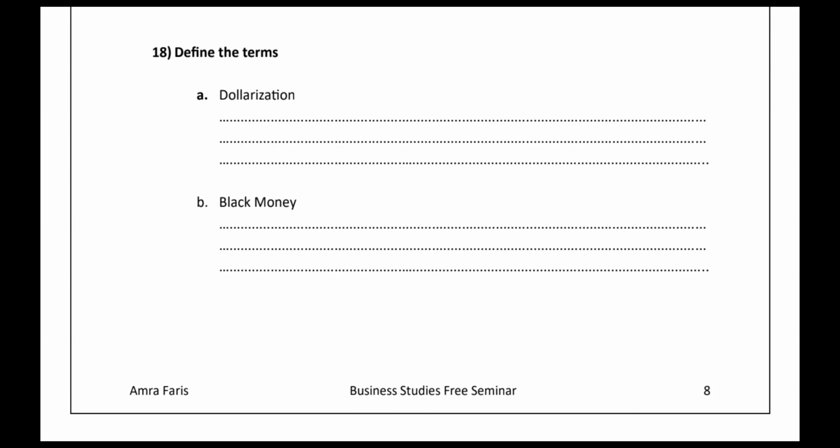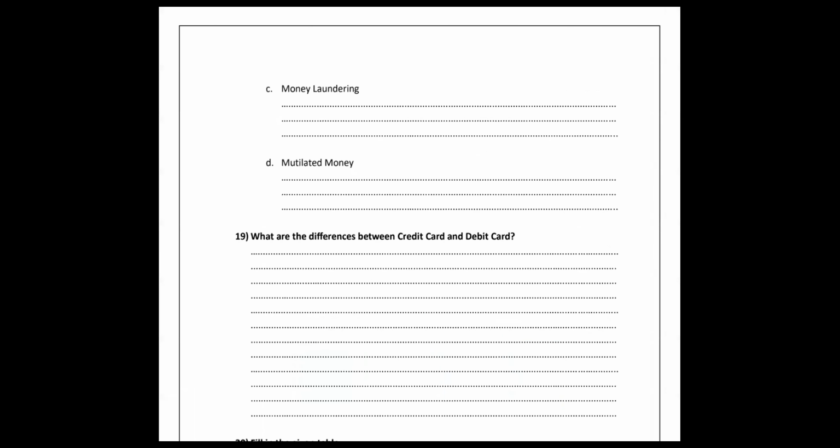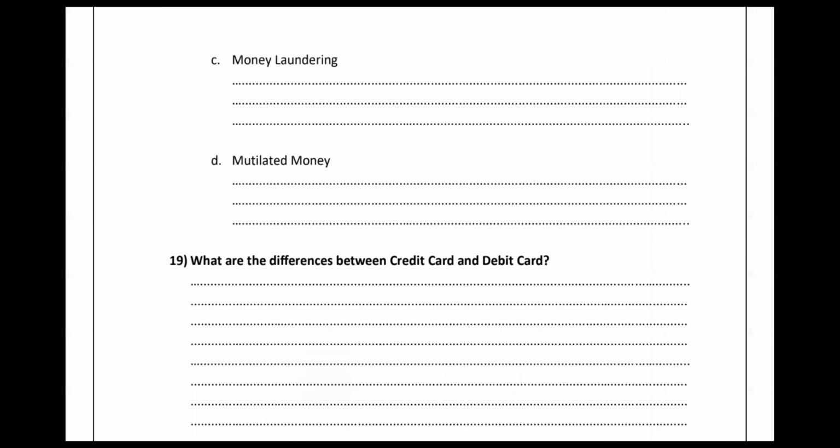There are certain ways where they transform this black money into legal money. That means money laundering. So black money is the money that is earned through illegal income sources. And the next one is money laundering.